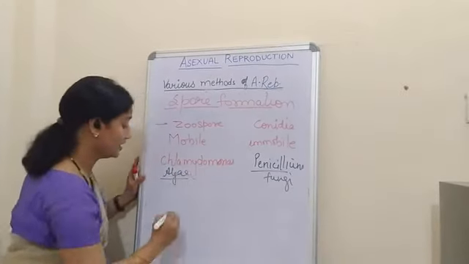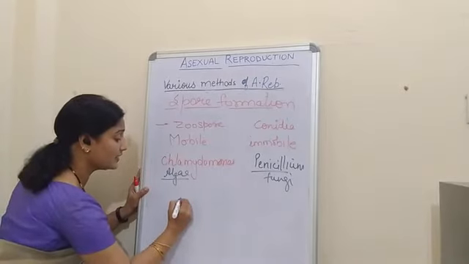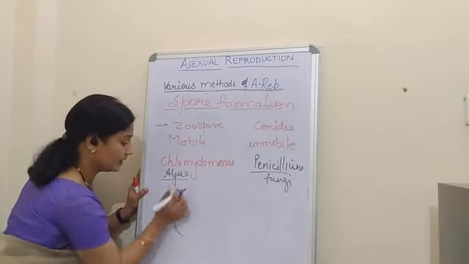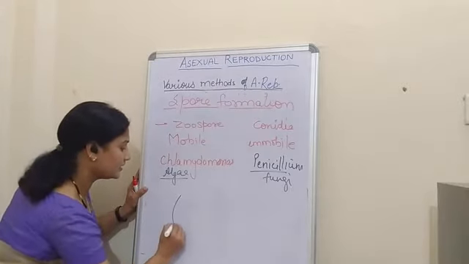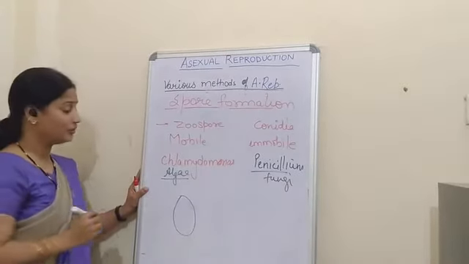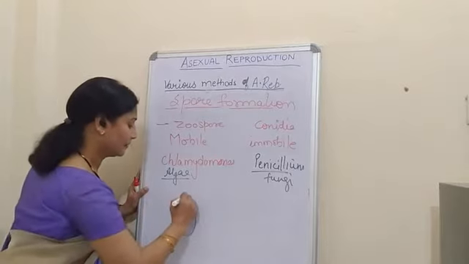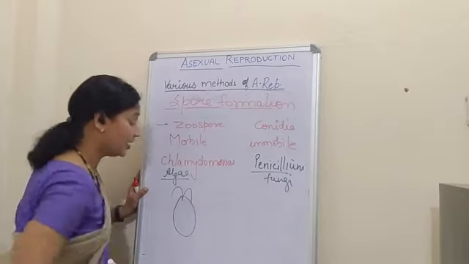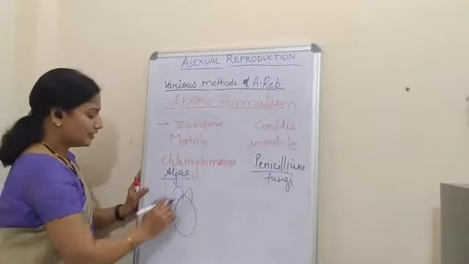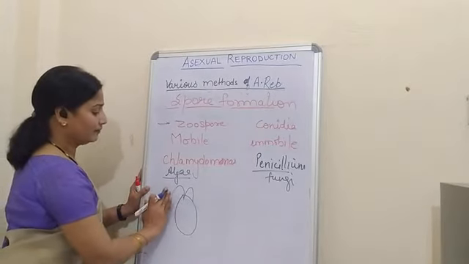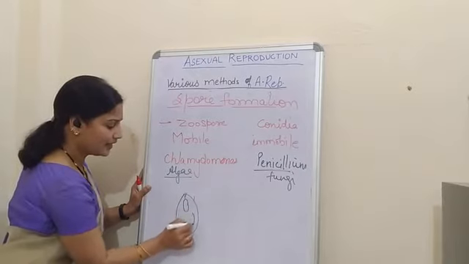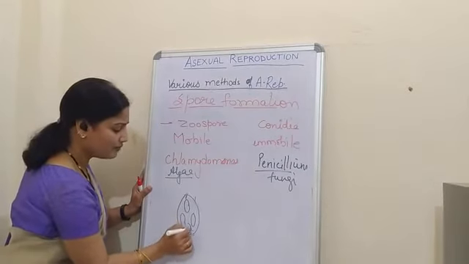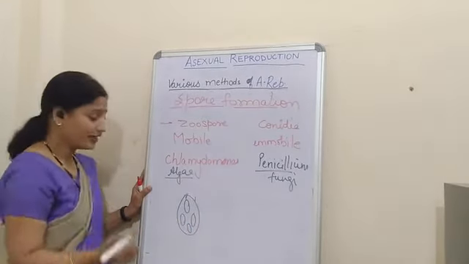Now see what happens in case of Chlamydomonas. Suppose this is the body of the Chlamydomonas. This is the flagella of this. This Chlamydomonas will withdraw its flagella, and inside the body there is a formation of many smaller organisms.